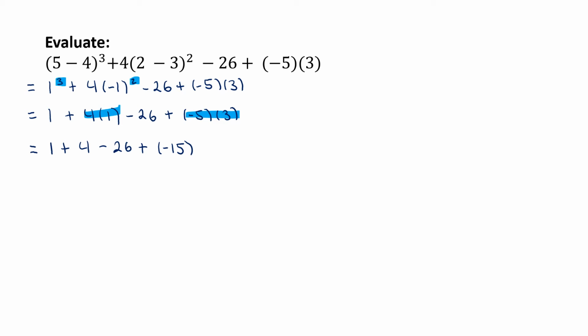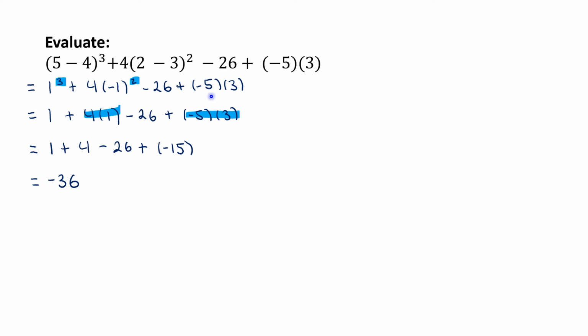So this is equal to 1 plus 4 minus 26 plus negative 15, which is also minus 15. And this is equal to negative 36. This is how we evaluated this expression using BEDMAS. So the final result is negative 36.